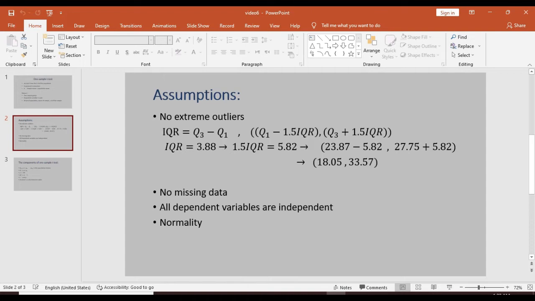And the last assumption is normality, which says that the dependent variables are normally distributed. But if our sample is not normally distributed, we need to use a large enough sample to satisfy the assumption of normality based on the central limit theorem.